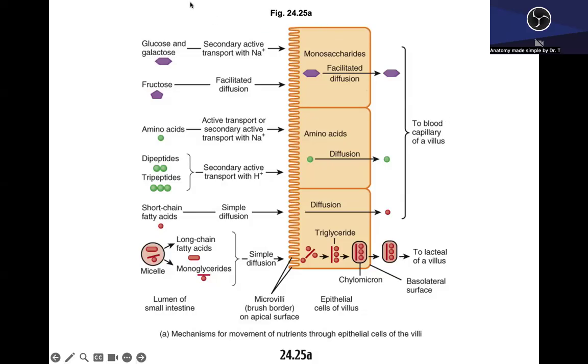So I'm just going to slow down here a little bit and bring us back to make a little summary of what happened so far. So we talked about anatomy of small and large intestine, basically talking about duodenum, jejunum, ileum, and then different parts of the large intestine. We also compared the mucous membrane of both small and large intestine, and we compared it to what we have seen in the stomach.